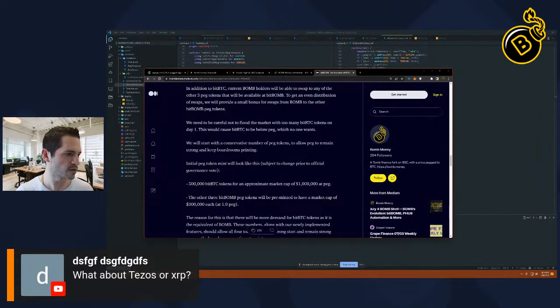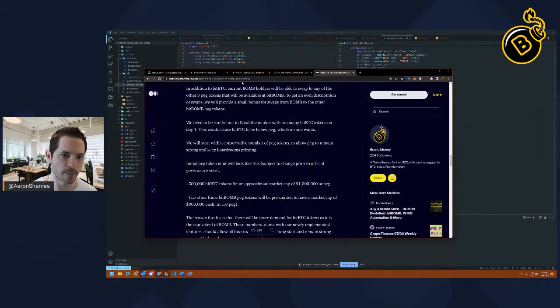What about Tezos or XRP? So what I'm thinking I'm going to do is have a peg hub proposal. Because we've already mentioned Beefy in the governance vote that passed, I feel like we have to include Beefy in the options for the governance vote.